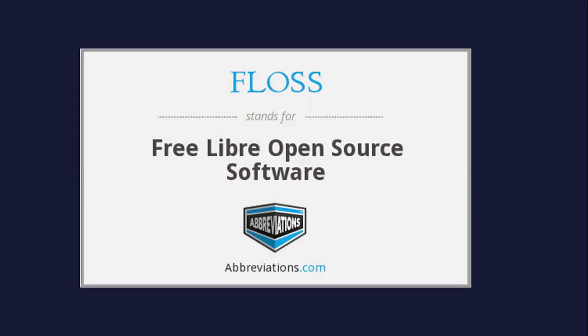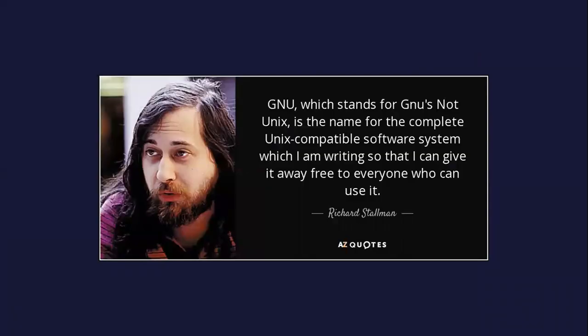Next one is GNU. The full form of GNU is GNU is not Unix. It is the name for the complete Unix compatible software system, which was written by Richard Stallman so that he can give it away free to everyone who can use it.